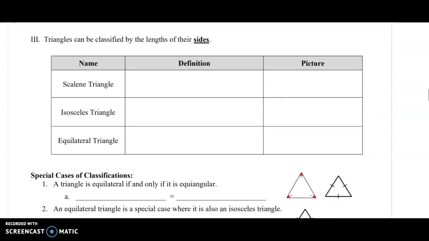When we look at classifying them based on their sides, there are 3 options here. The first one is scalene, and scalene means that there are no equal sides. Okay, so that would look something like that. None of the sides are equal. An isosceles triangle means that at least 2 sides are equal.